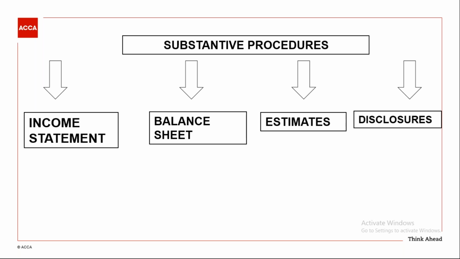For example, substantive procedures over sales, or a sales related problem. A simple example of a sales related problem: the sales figures for next year were also recognized in the current year. That's the mistake made by the client. So they give that core problem to you and ask for substantive procedures.